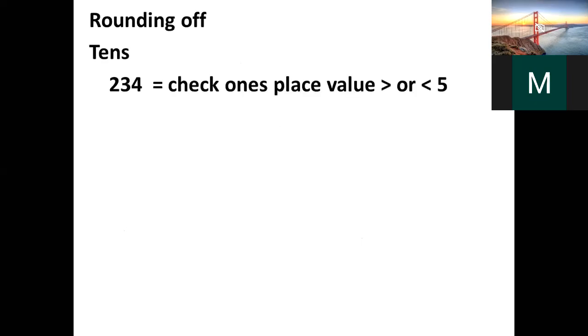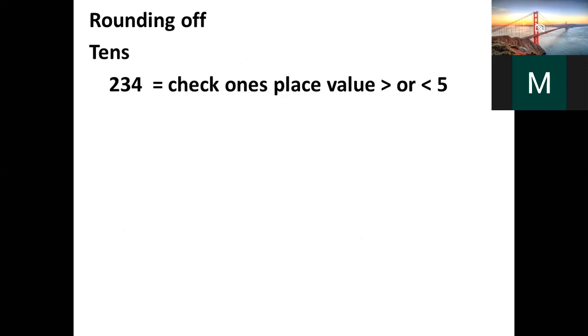Okay guys, next I will recall rounding off. For rounding off, the first one is tens. How will you round the tens place value? For example, 234. If you have to round to tens, first check the ones place value.